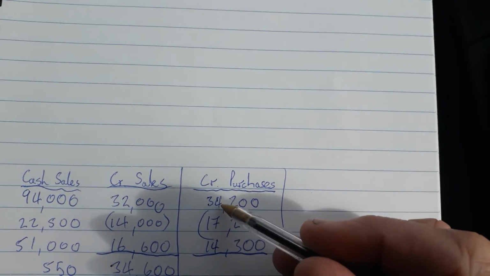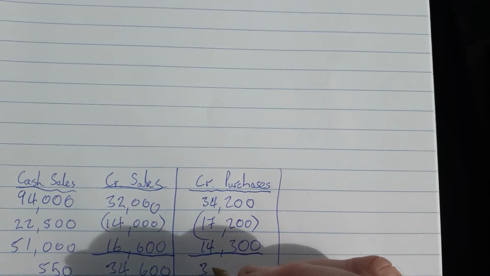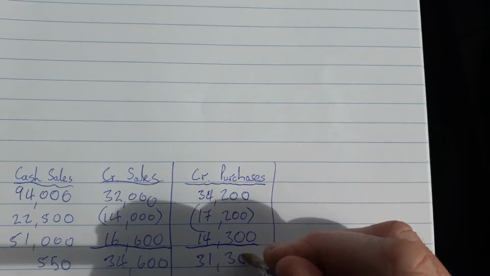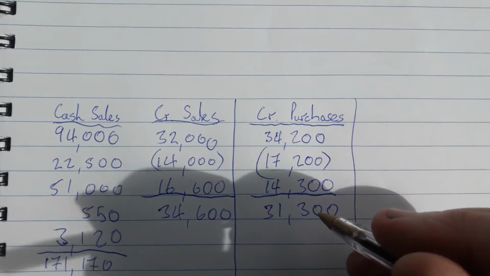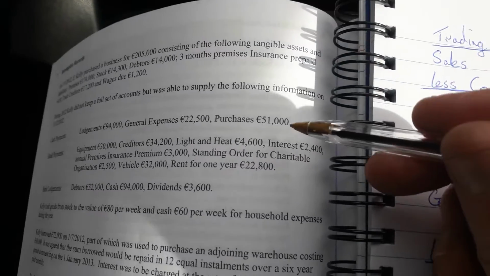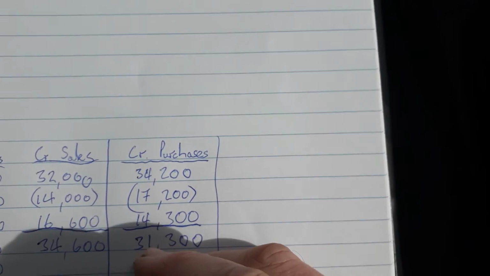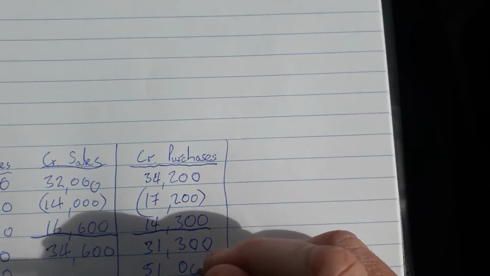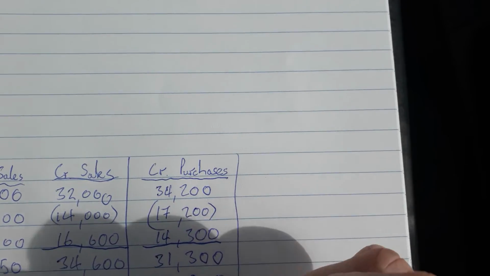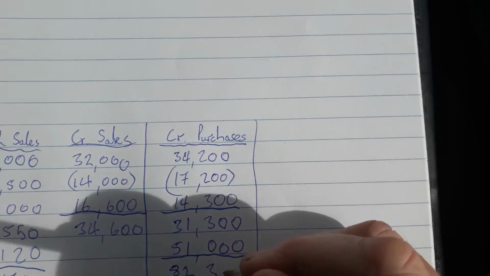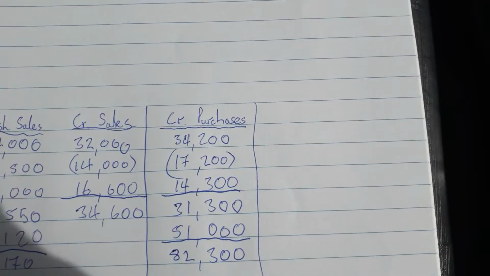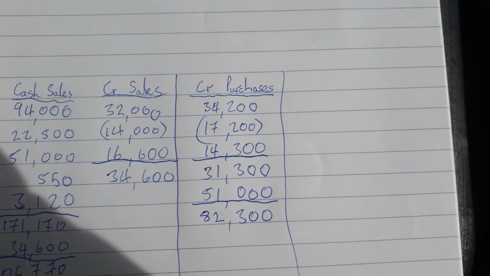So let's see, that seems to me to be 31,300, but I'll double check that in a moment. So if that's your credit purchases in total for the year, our cash purchases we said were 51,000. We add that on, giving us 82,300.